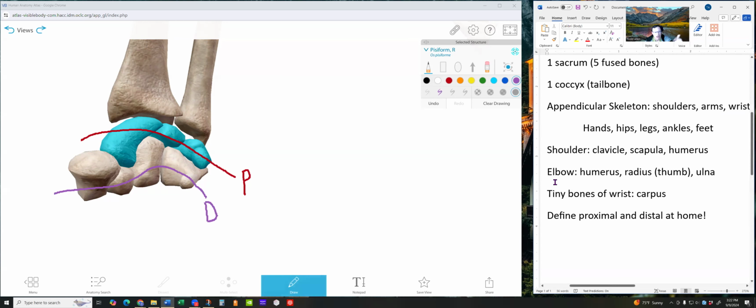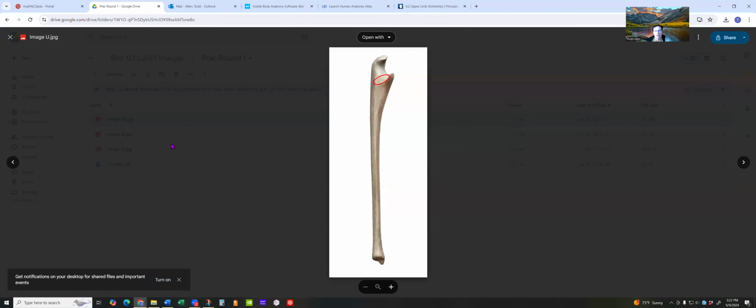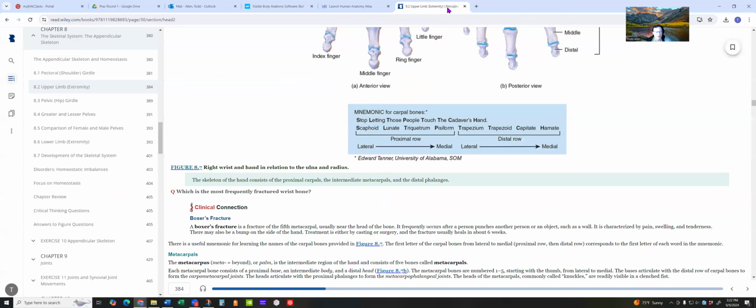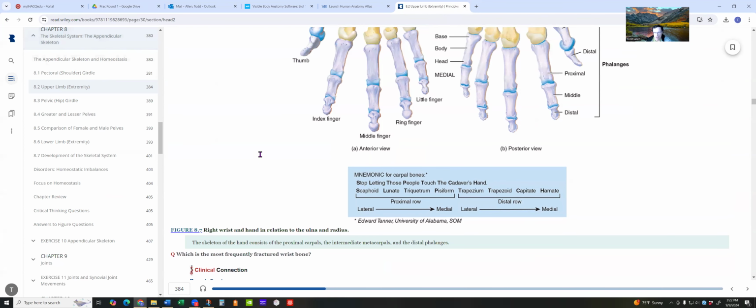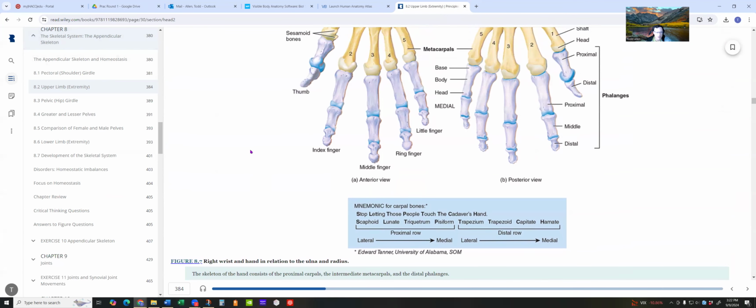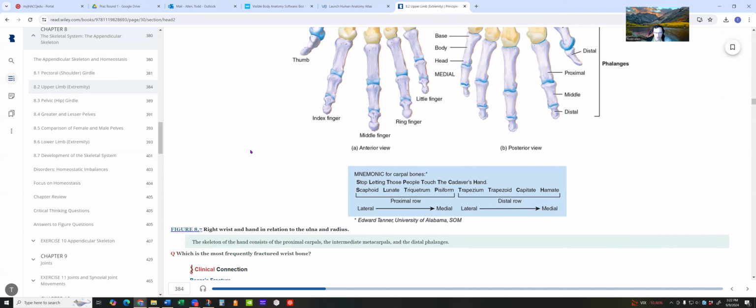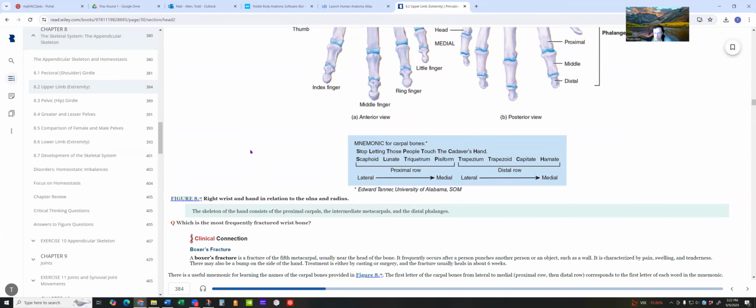So I'm going to momentarily switch to your book. I'm in chapter 8, the appendicular skeleton, and I'm in figure 8.7 of chapter 8.